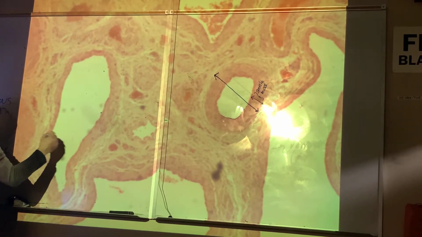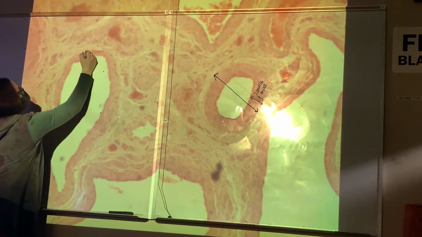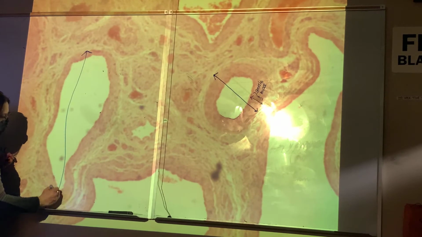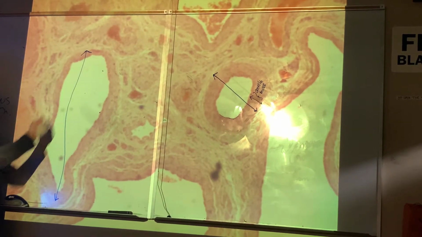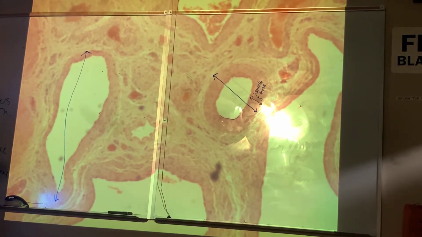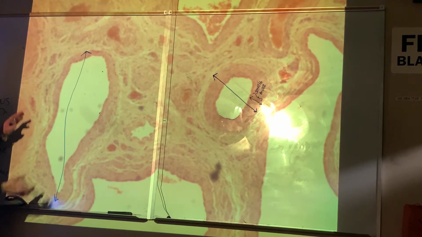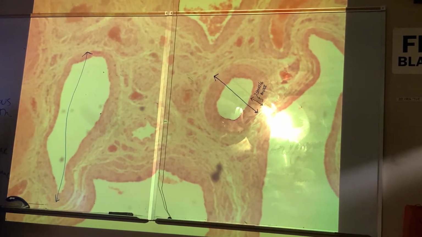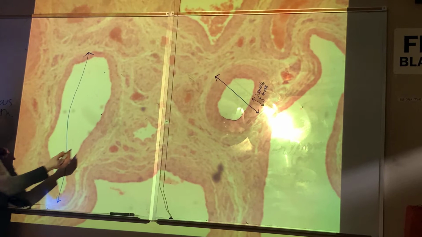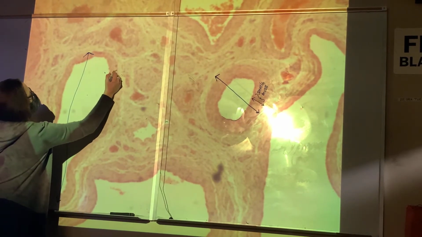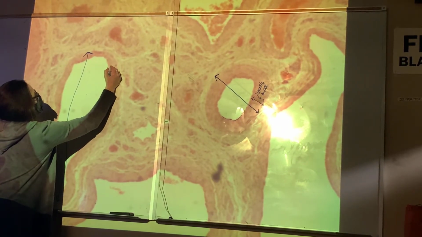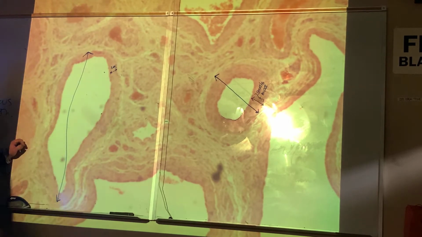And then over here, this is a vein. Veins are going to have an oblong or elliptical shape, because when you cross-section them, they collapse on themselves since they don't have very much muscle in the wall. Here's the muscle in the wall of the vein.